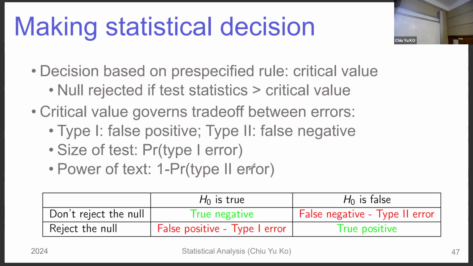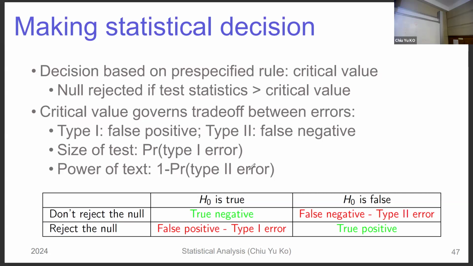Okay. So what I do is I would have to choose between two types of error. Okay, I have to introduce this. Whenever you rely on data to make a decision, you will always see this two-way table.